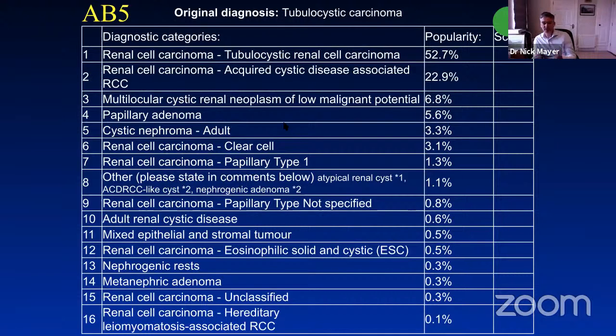But it was actually a couple of years before this paper on the RCC-like cysts was published. So there is a bit of uncertainty with the diagnosis here. So there's a whole plethora of reasons why we should exclude this from scoring, not least because there's a bit of uncertainty here about what the diagnosis actually might be.